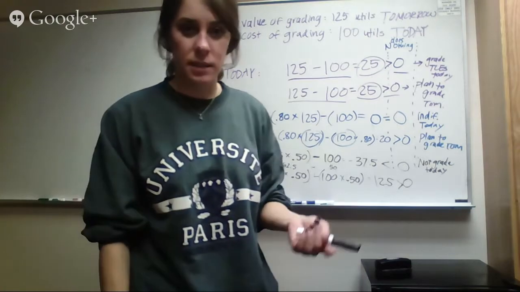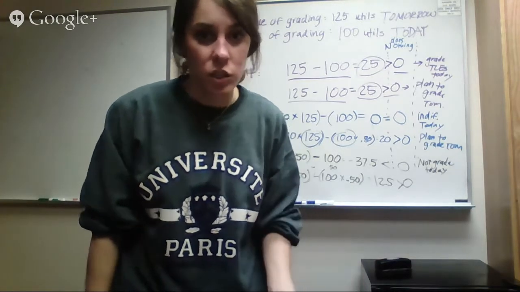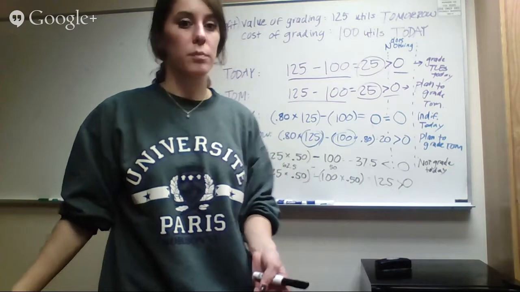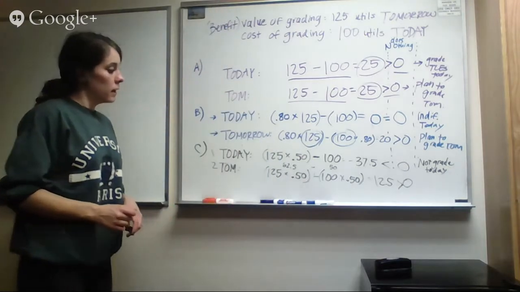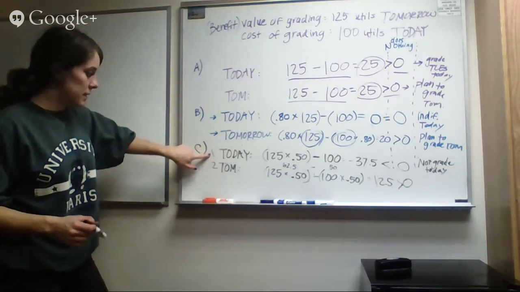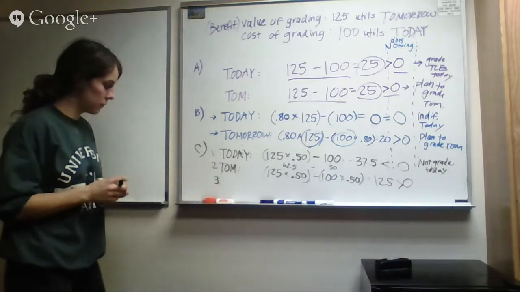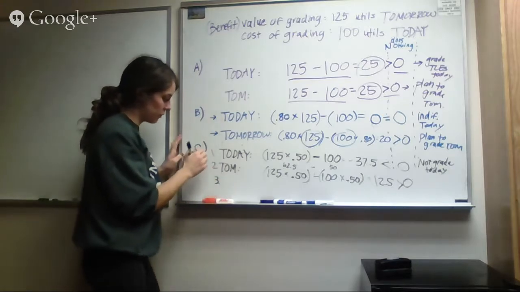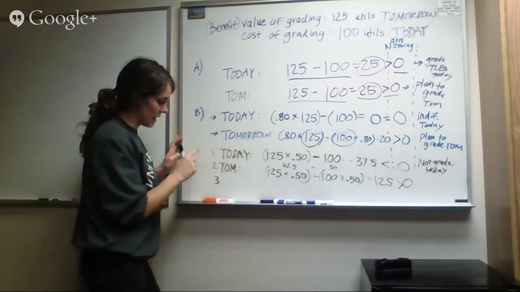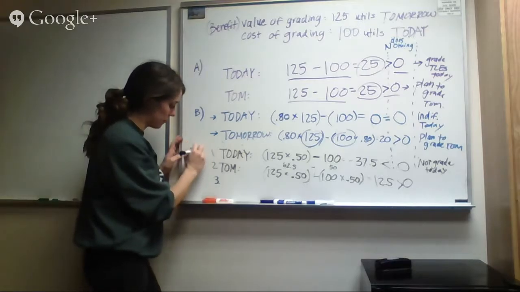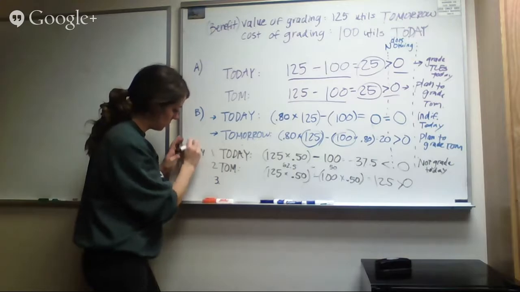But part D asks another really important question. What is strange about this 50% discount preference? I'm going to think of these as day numbers rather than just saying today and tomorrow over and over again.